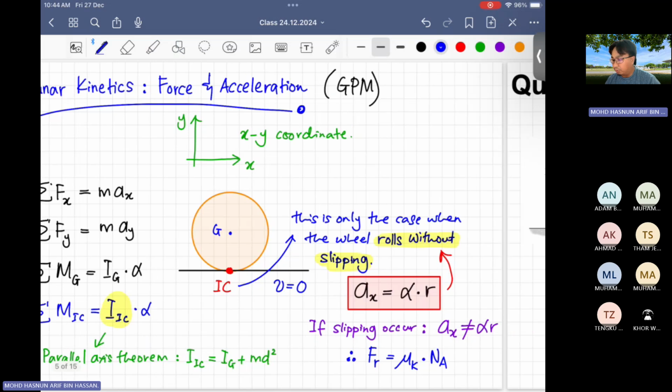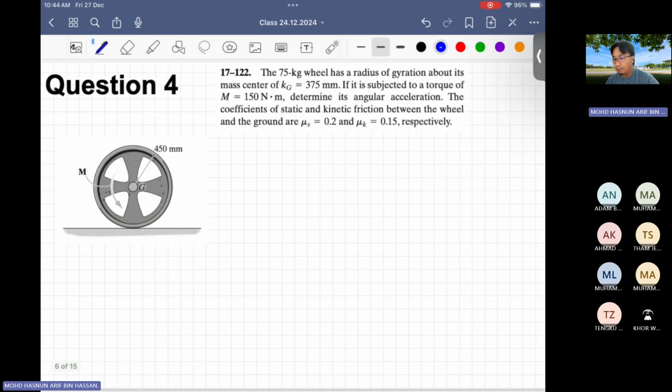So let's move on to one more question or problem before we go into a new chapter. Let's read the question first. A 75 kg wheel has a radius of gyration.